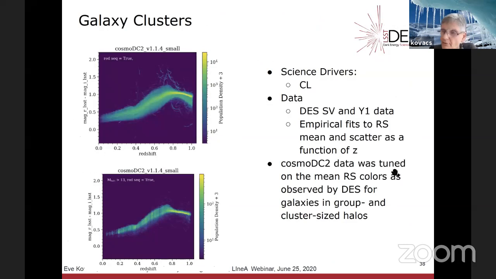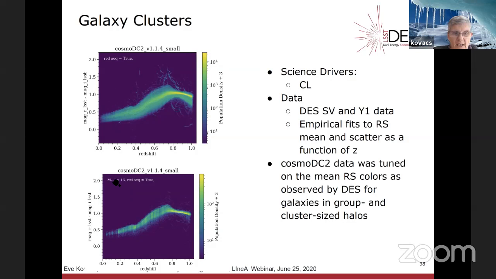In the last couple of minutes, let me show you a couple of galaxy cluster tests. This is the red sequence test. On the top is the red sequence for just ordinary galaxies that are labeled red sequence galaxies. In our empirical model, we select whether a galaxy is on the red sequence or not. That just basically says, does it come from the red part of the empirically modeled distribution?